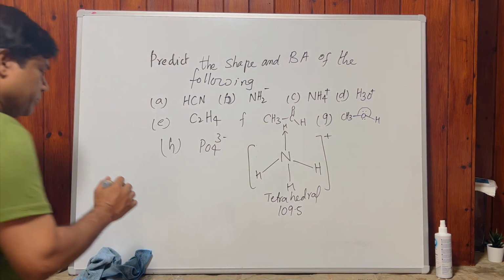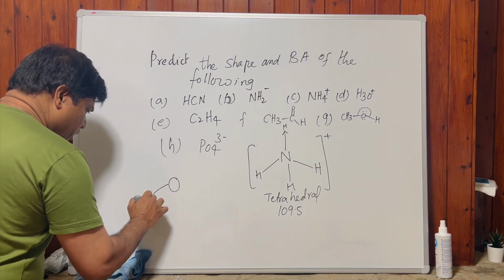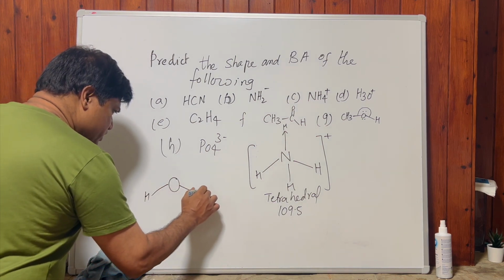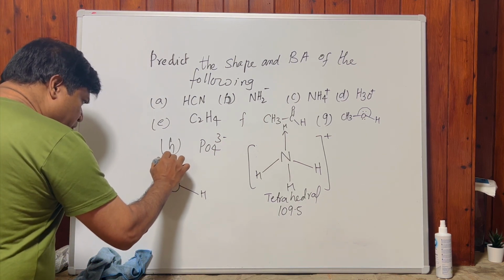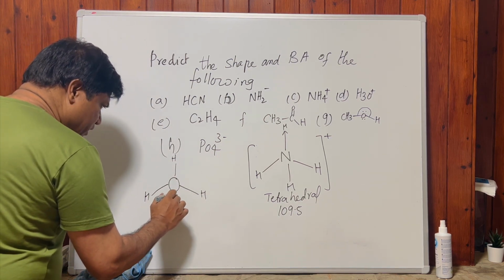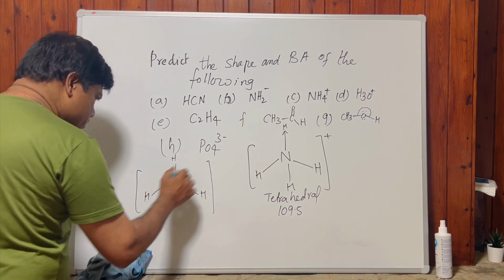Now hydronium, H3O plus. Oxygen has two lone pairs, but one of its lone pairs is donated to the H plus ion. So one lone pair, three bond pairs, and the overall charge is positive.